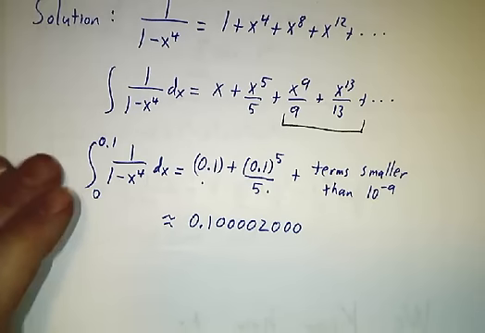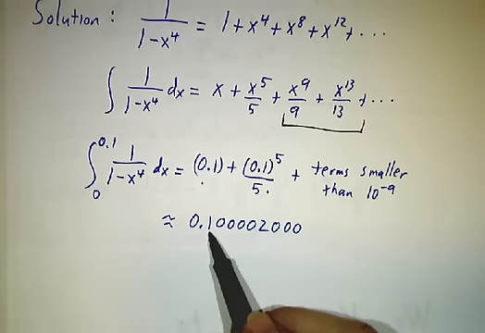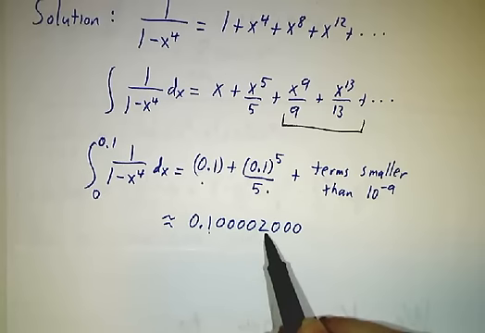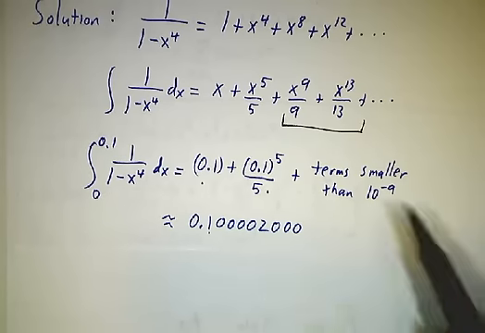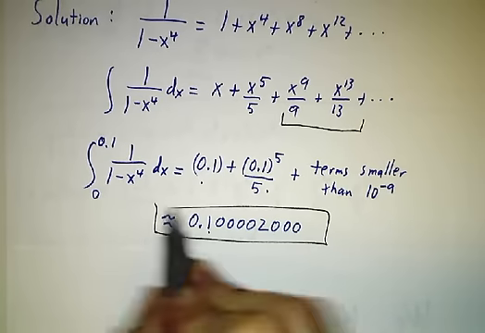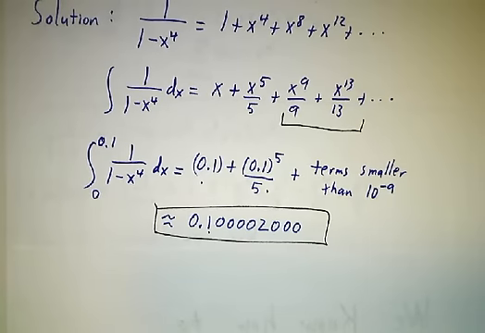So we plug in the first two terms. 0.1 plus 0.1 to the fifth is 0.00001, divided by 5 is 0.00002. Add them together, and there you go. You got the integral to 6 decimal places, and it was easy.